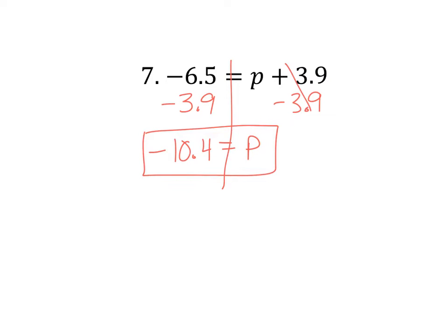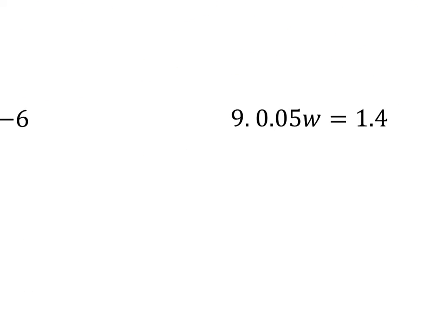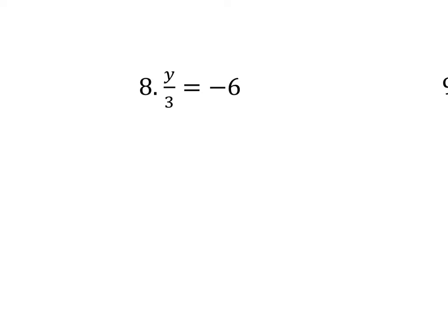Let's go down here to 8. Remember, y over 3 is like y divided by 3, so the opposite operation is going to be multiply by 3 on both sides. Then I'm left with y equals negative 6 times 3, which is negative 18. Don't be afraid to use your calculator on these if you need help with the arithmetic portion.